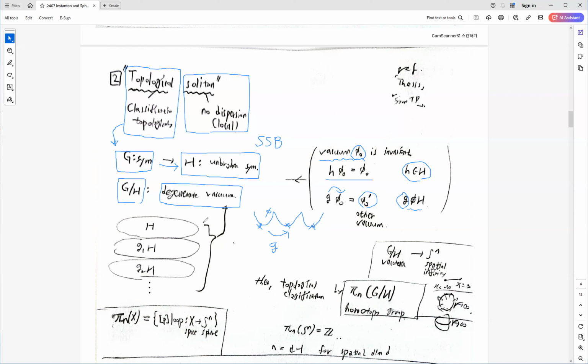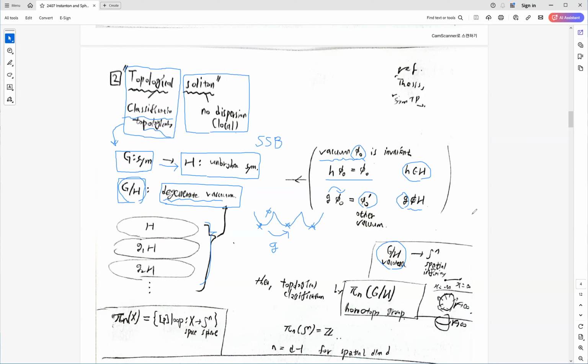So the collection of such cosets corresponds to the quotient group, so that G over H is the degenerate vacuum. So we can represent these degenerate vacuums as the quotient group G over H. And in the previous slide, we should assign the spatial infinities to the degenerate vacuum. And this can be classified topologically.